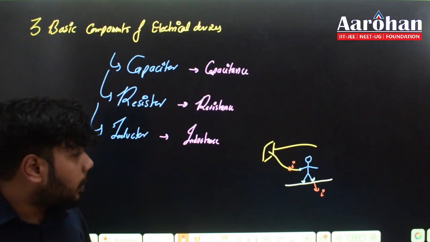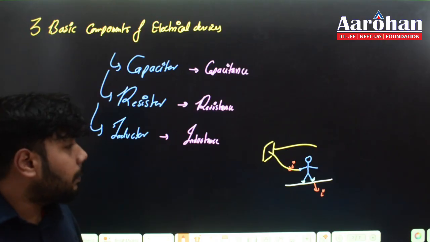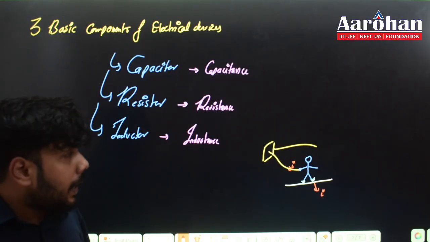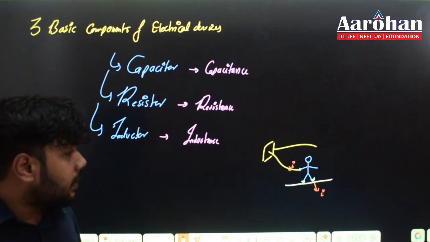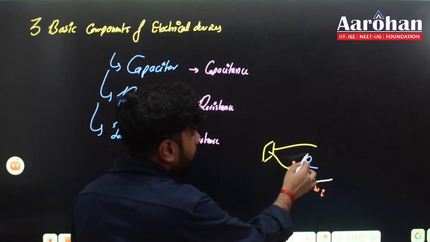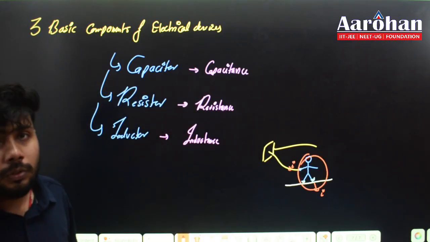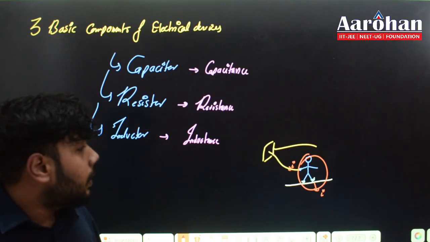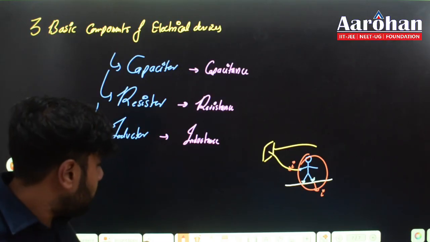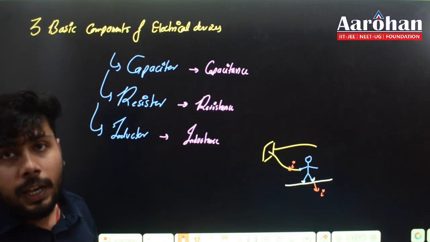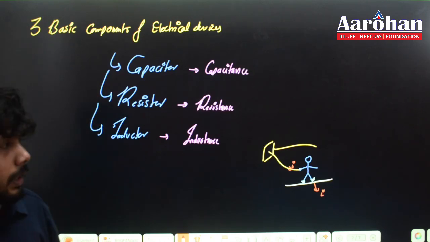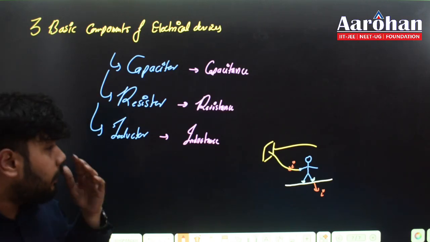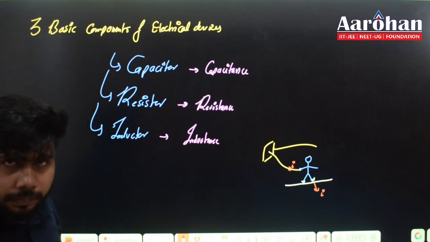Similar to your body, other materials also have parasitic capacitance, and they also have parasitic resistance. You are behaving like a capacitor, but your body is not very conductive, that means you have resistance also. That's what I'm saying. Each component will have partial character of the other two.